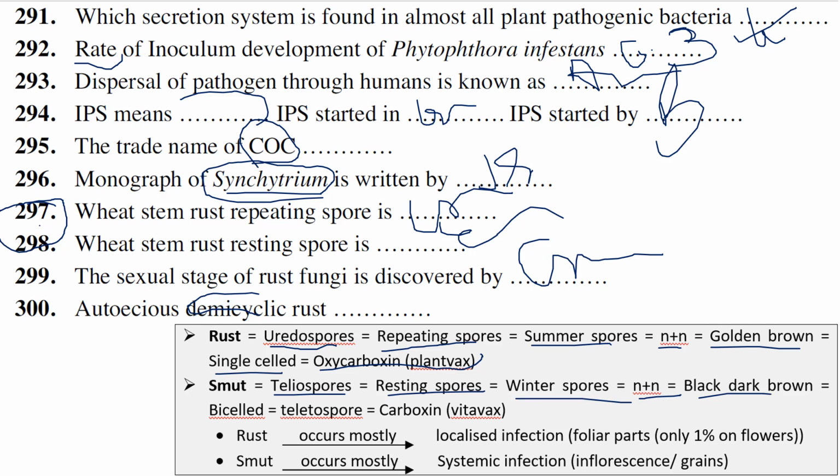The condition is N+N, black or dark brown in color, bicelled. For the management of smuts, we can recommend carboxin, the trade name is Vitavax. Rust is generally a localized infection, very less on flowers, probably 1%. We can see it on foliar parts, but on flowers very little. Smut is generally a systemic infection, mostly seen on inflorescence as well as grains.